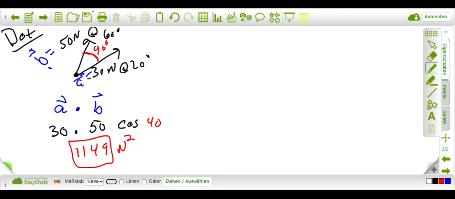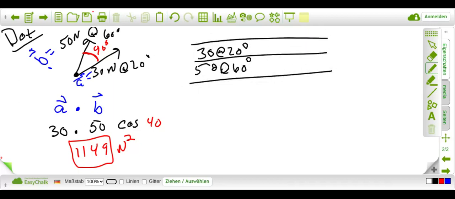Now that's a very simple way of doing it, but sometimes we have it in the Cartesian coordinate system. I'm just going to convert here very quickly. So we have 30 at 20 degrees. We have 50 at 60 degrees. We need to break these into their components. So this is our i hat component and our j hat component. So I do 30 cosine 20, and when I do that, I end up with 28.2.